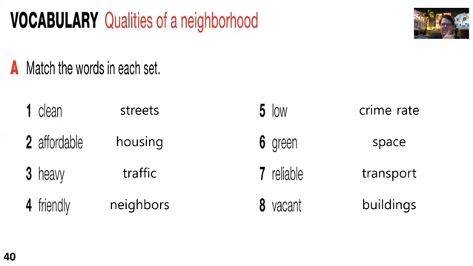Green space, you always want green space. Reliable public transportation or reliable transport, always a good thing. Vacant buildings, no, not good. So most of these are good qualities. A couple of them are not so good qualities of a neighborhood.